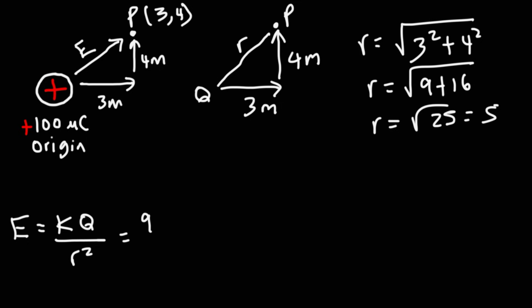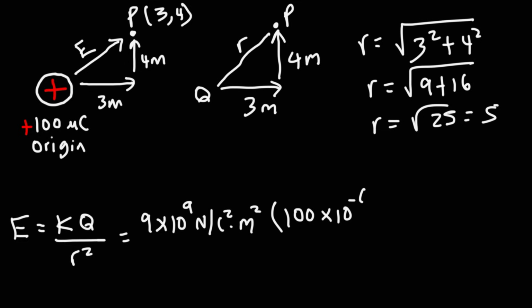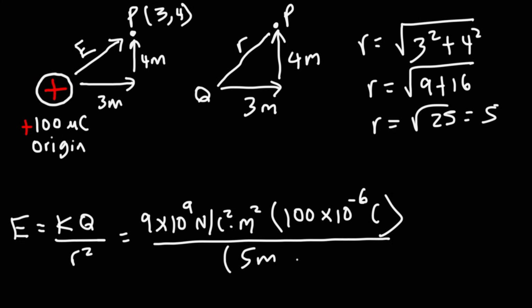Now, k is a constant. k is 9 times 10 to the 9 newton meters squared per coulomb squared. q is the charge in coulombs. q is 100 microcoulombs, but we need to convert that to coulombs, so we just replace micro with 10 to the minus 6. And r is in meters, so r is 5 meters and it's squared. So we can see the unit meters squared cancels.